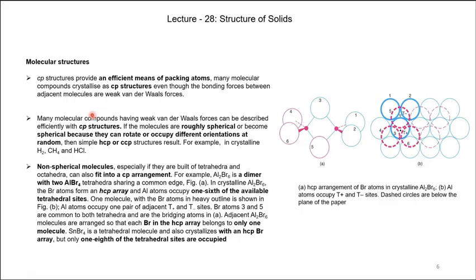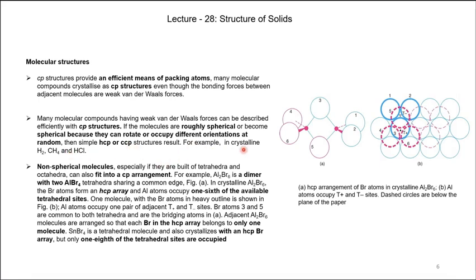Now we have molecular structures. These can also be described in terms of packing of atoms, as many molecular compounds crystallize in close-packed structures. Though the bonding forces between adjacent molecules are very weak, van der Waals forces, even then they can be described as close-packed structures.